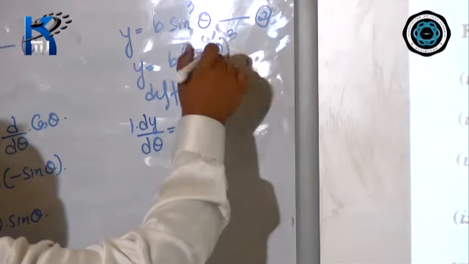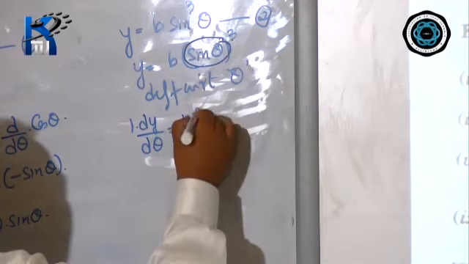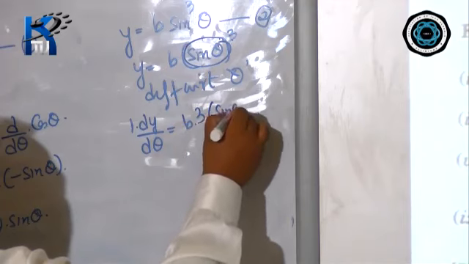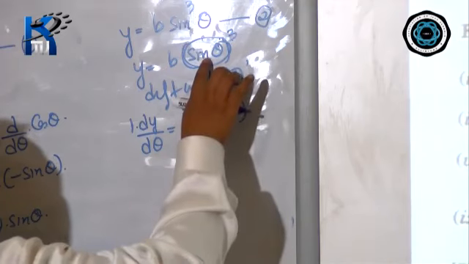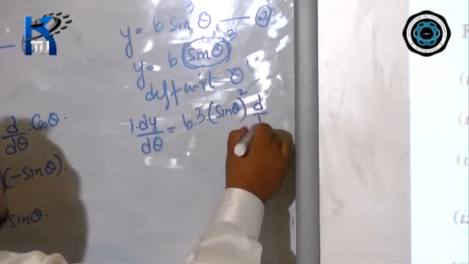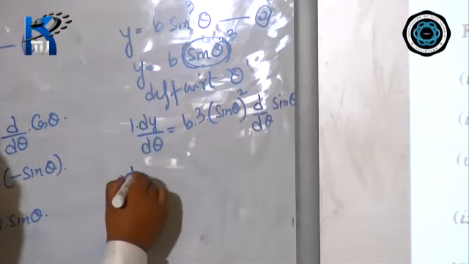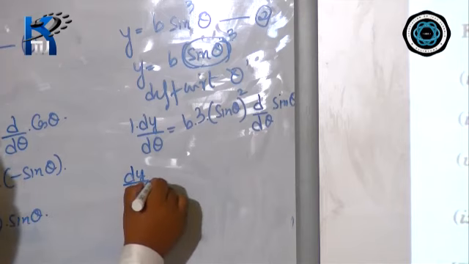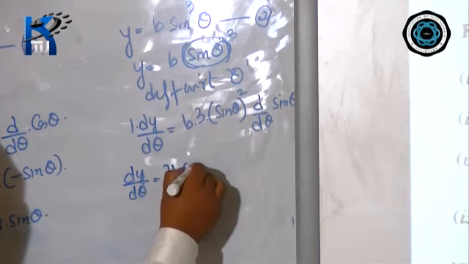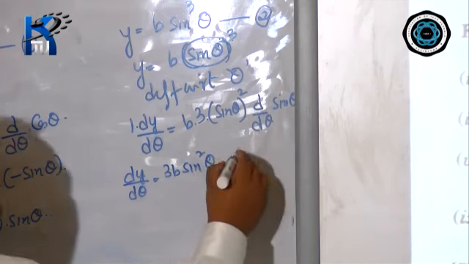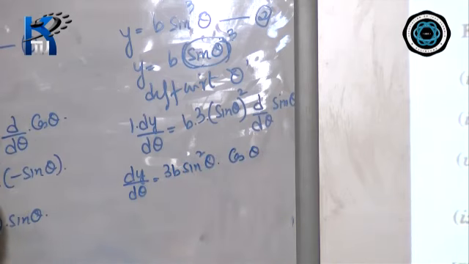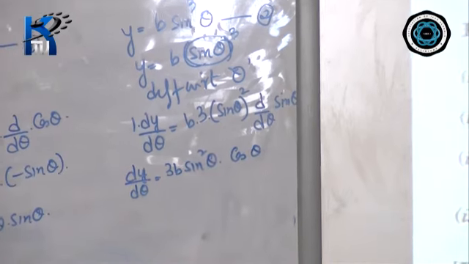If the power is a constant, the base has to be the variable, so 3 comes in front: 3 sine theta to the power 3 minus 1, which is 2. So d by d theta of sine theta. So what do you get? dy by d theta equal to 3b sine square theta into the differential of sine theta, which is cos theta. So this is the second part.